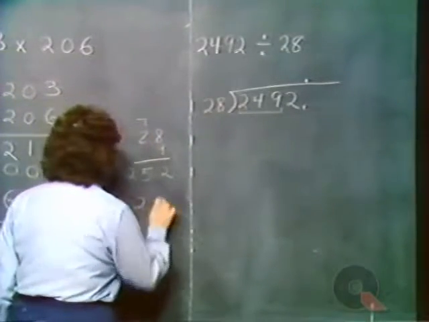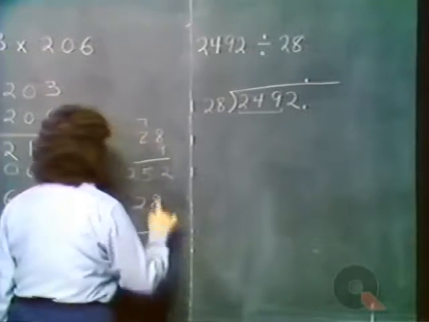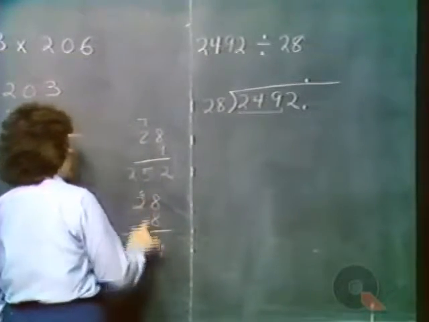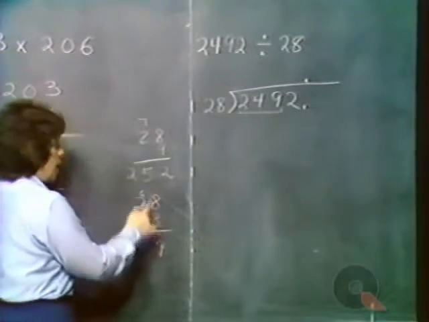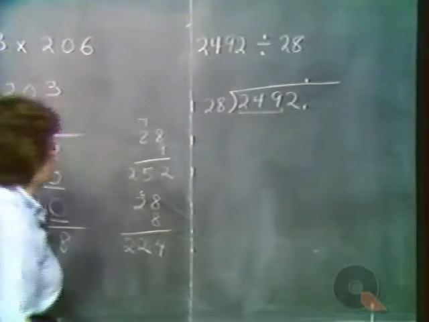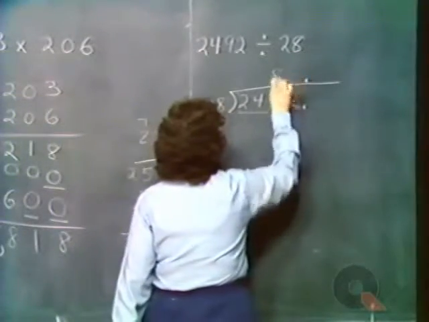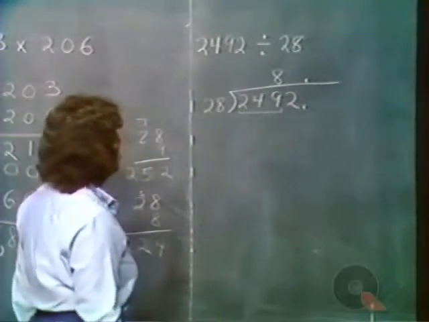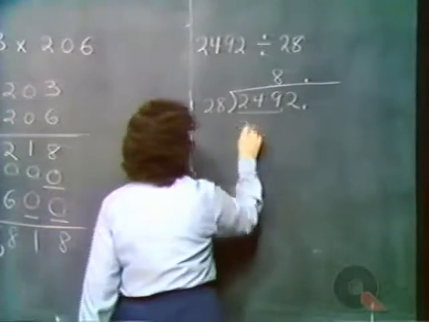Let's try 8. 28 times 8. 8 times 8, 64. Put down the 4, carry the 6. 2 times 8, 16, and 6, 22. 224, so that appears to be right. Put down the 8. Remember, we're going into 249, so put it over the 9. 8 times 28, we know, is 224.